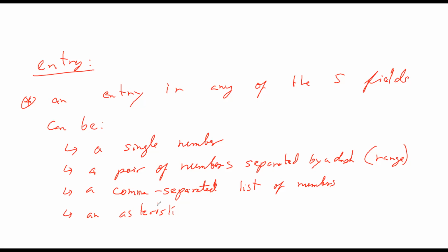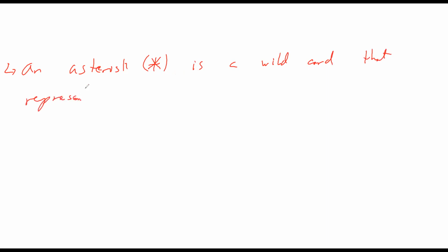An asterisk, which is that symbol, by the way, is a wildcard that represents all valid values for the field.